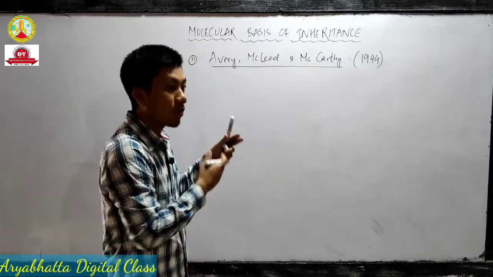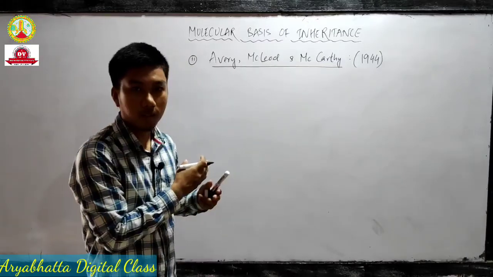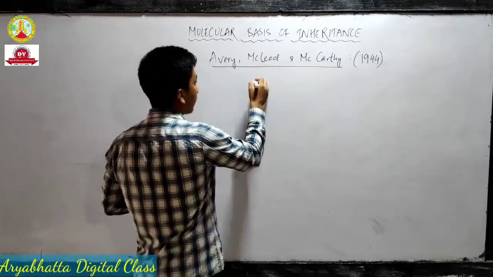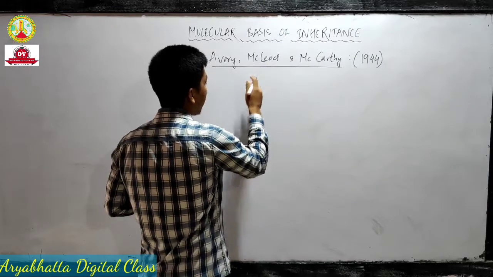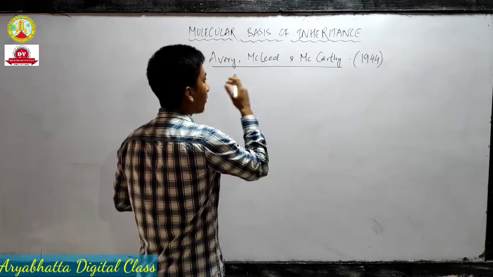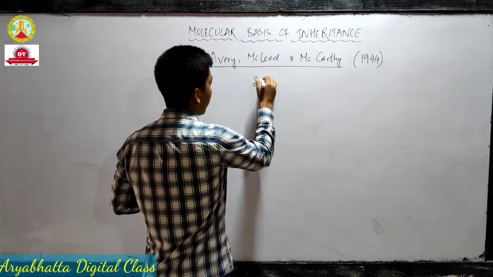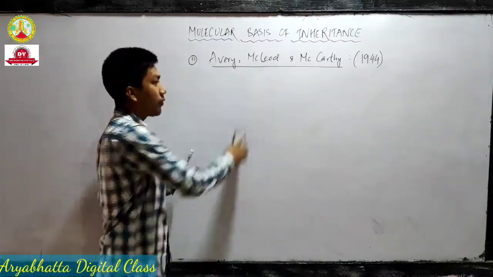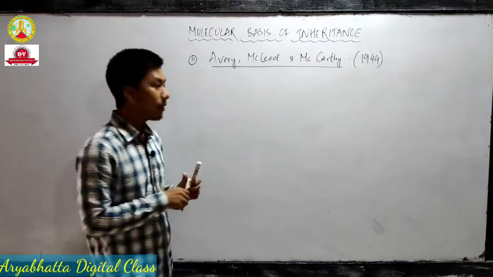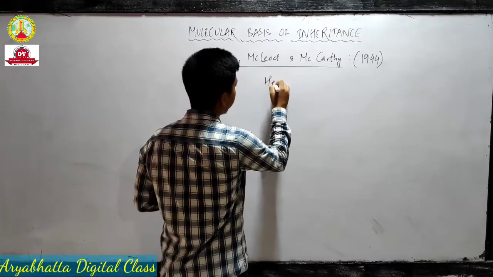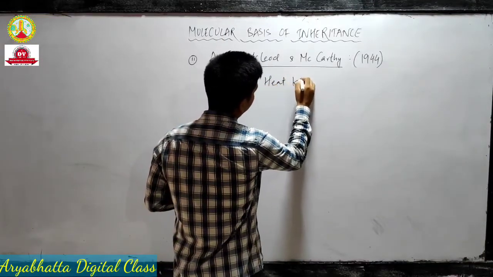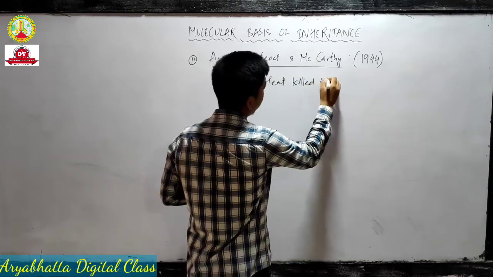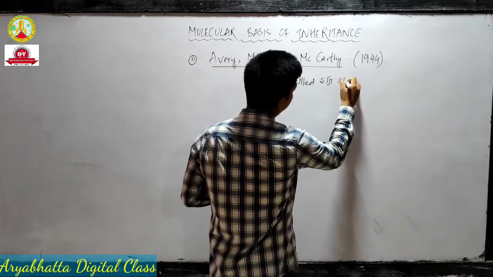So they just continued the Griffith experiment. Towards the last part of the experiment, what did Griffith do? Griffith fused heat-killed S3 strains.